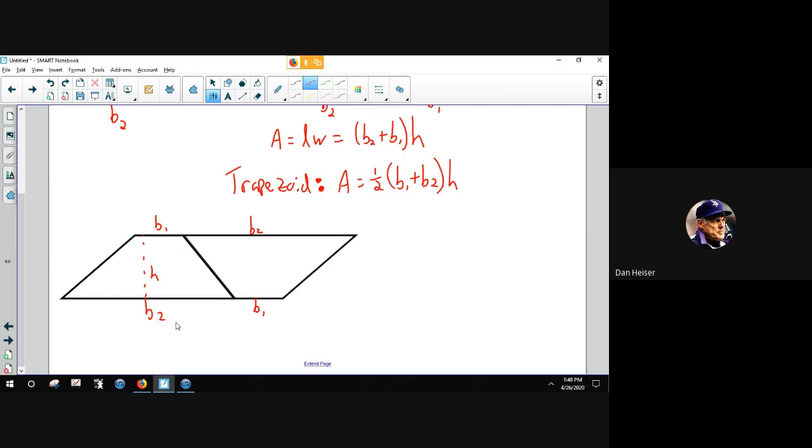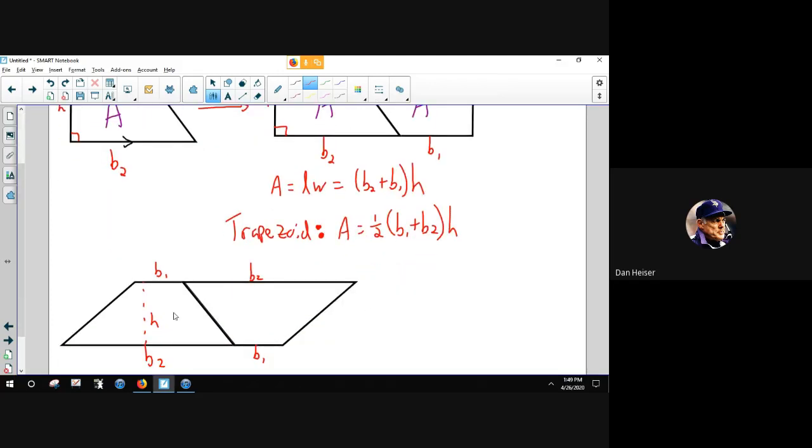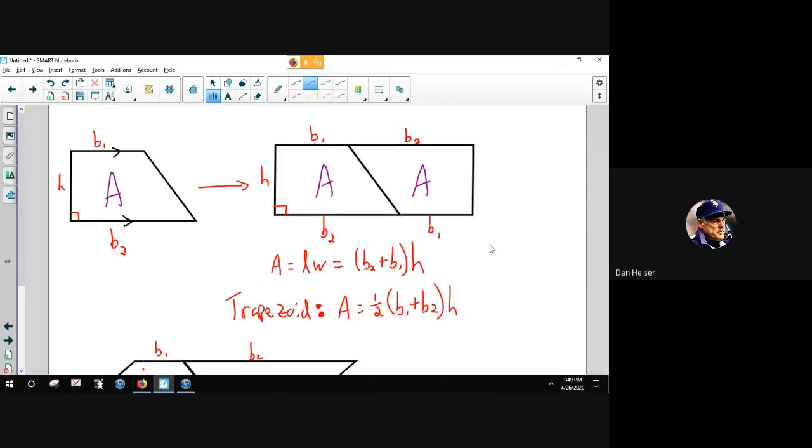The distance between them never changes, so the height of that object never changes. So it still works, only instead of getting a rectangle, we would have ended up with a parallelogram. You still come up with the same formula. Two of these trapezoids equals the whole thing. One trapezoid is half of that whole thing. That is the area of a trapezoid.